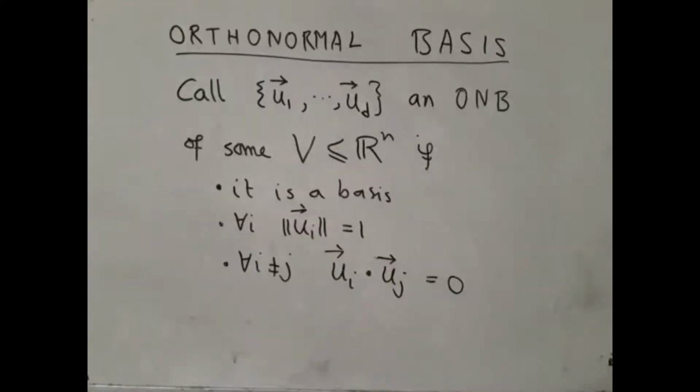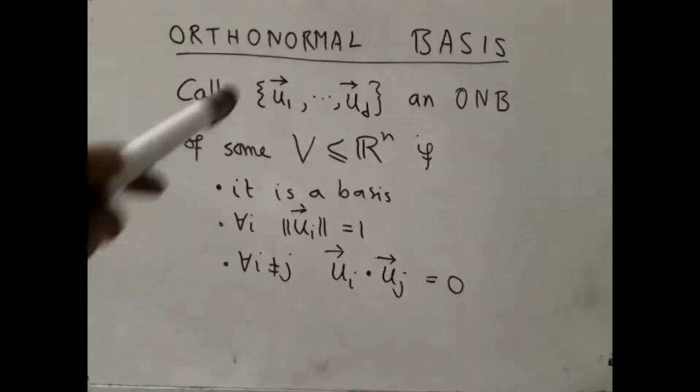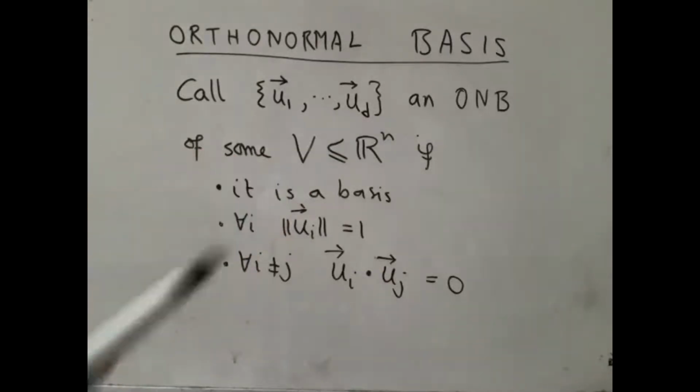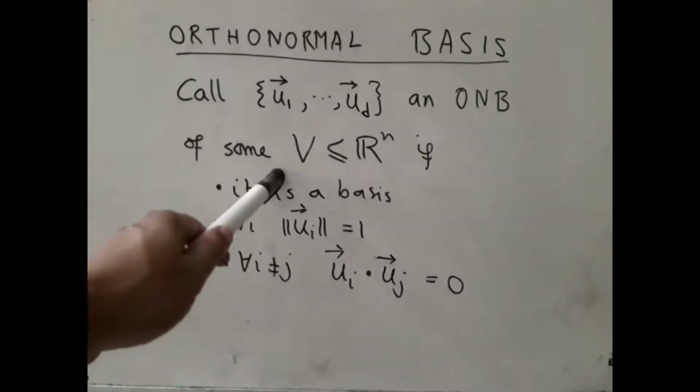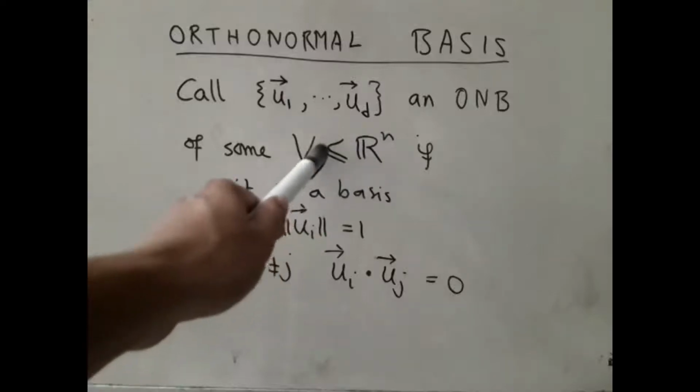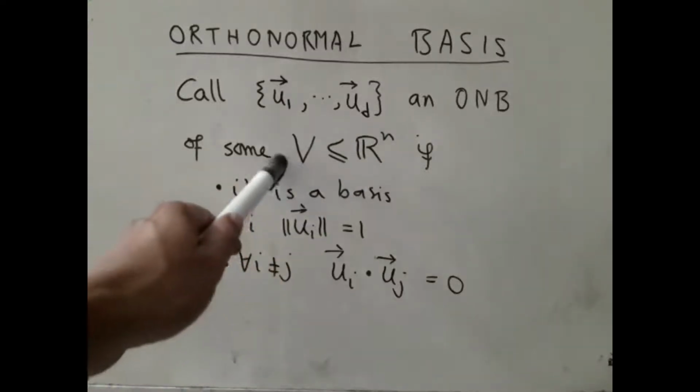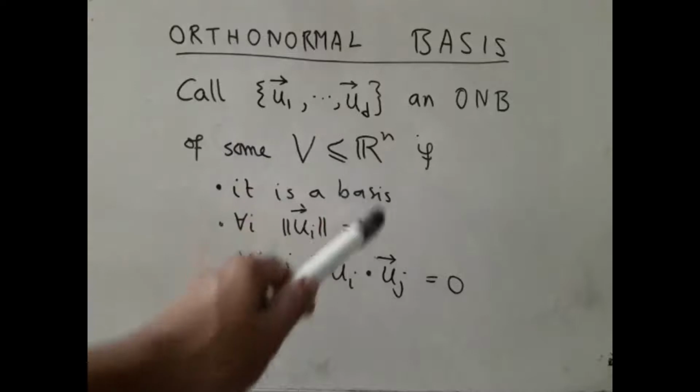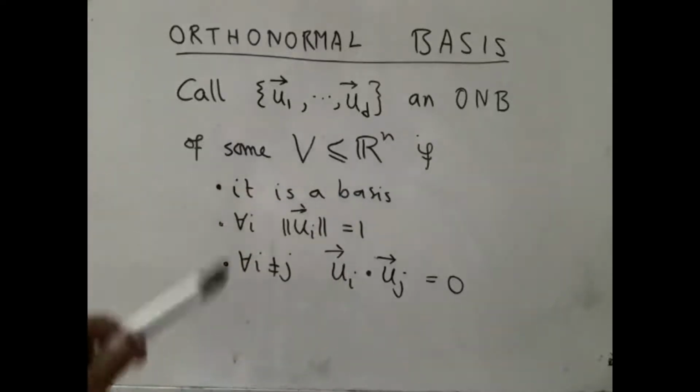Here is the general definition. Call a set u1 to ud of vectors an orthonormal basis, abbreviated to ONB, of some subspace V of Rn. This less than or equal to sign means V is a subspace of some Rn, if these three conditions hold.